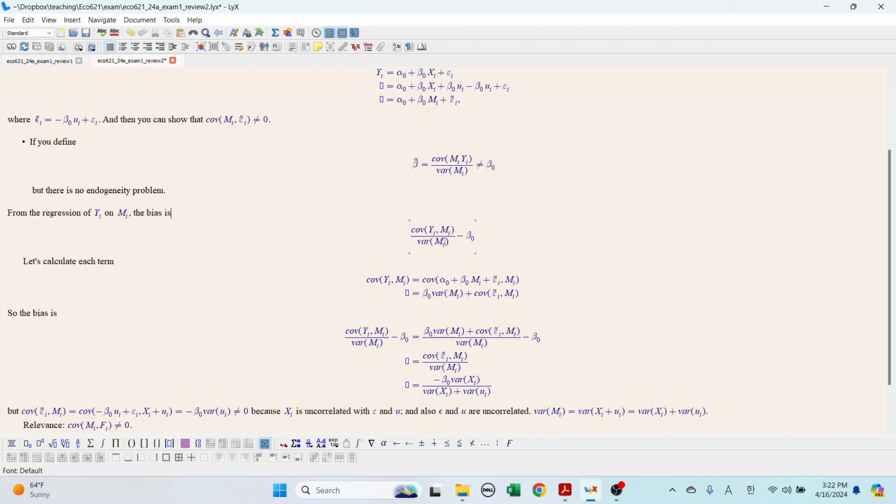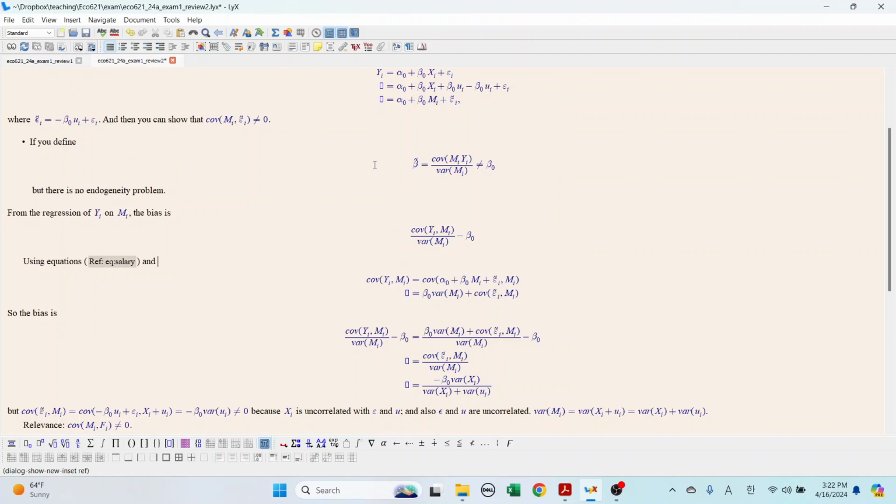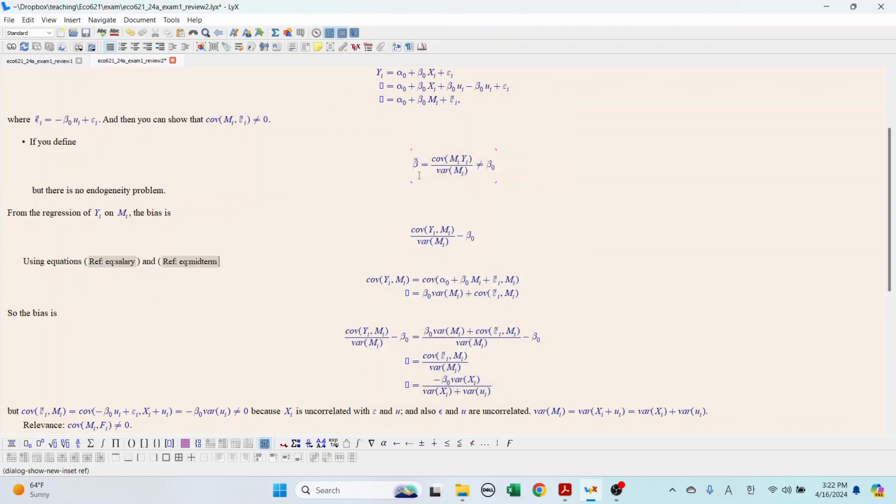Okay, the difference is like this, and we calculate from using equations 1 and 2 again, we obtain the covariance can be written in this way, right?